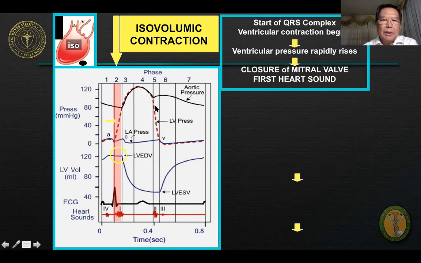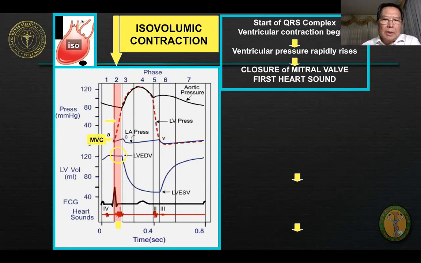So if you look at the ventricular pressure tracing, this is the pressure inside the left ventricle that rises or goes up, right? And this particular portion, since the pressure inside the left ventricle exceeds that of the left atrium, then there is closure of the mitral valve, which brings about, if you look at your heart sounds based on the phonocardiogram, the first component, or the mitral valve closure, or the S1, right?